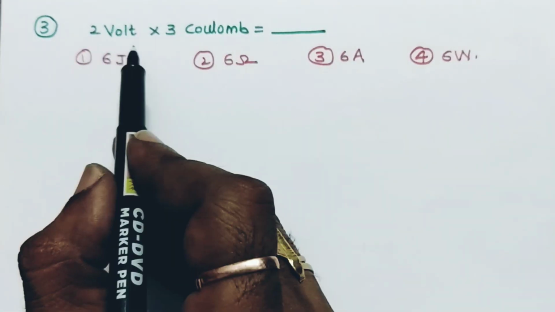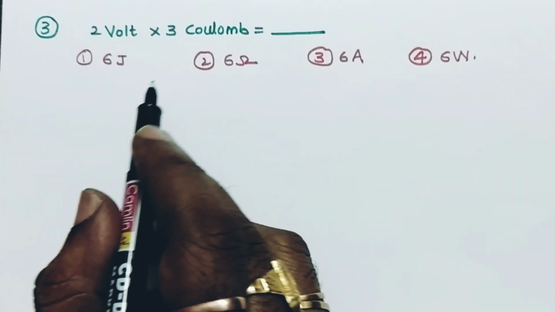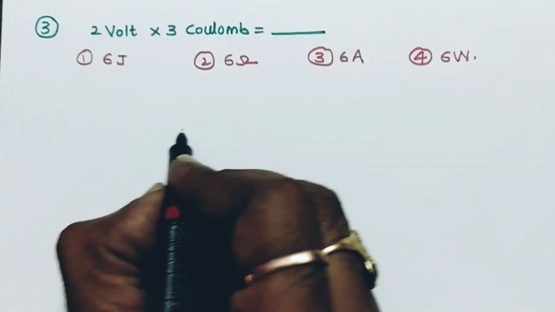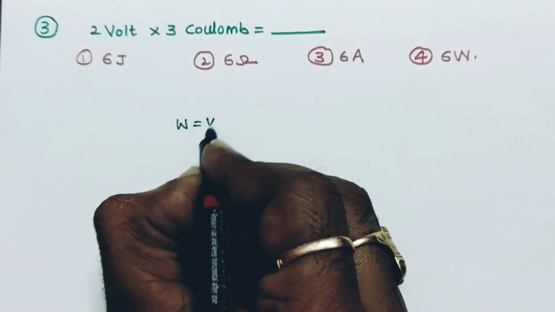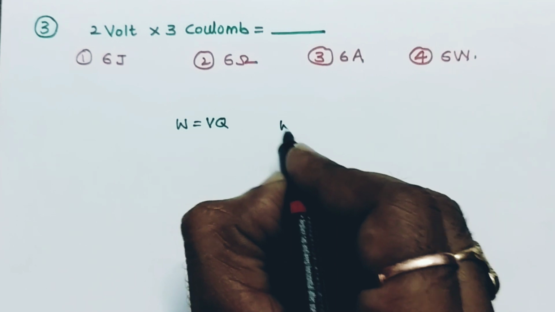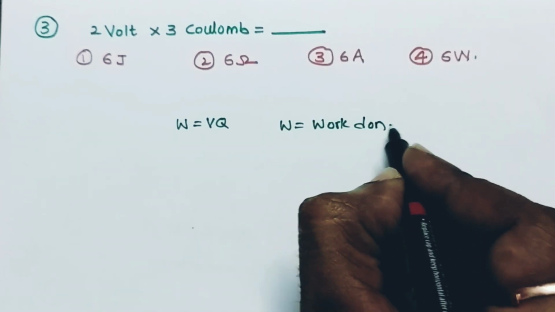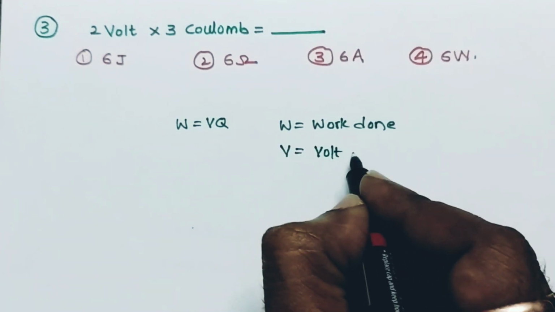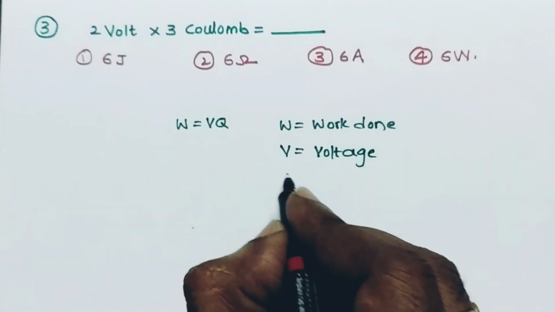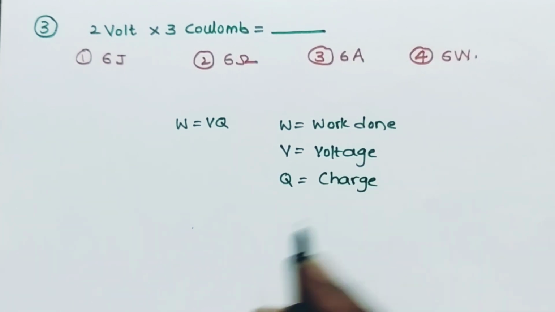Next bit, 2 volt into 3 coulomb is equal to. So to answer this, we have to know the formula, that is W is equal to VQ, where W is equal to work done, and V is equal to voltage, and Q is equal to charge.